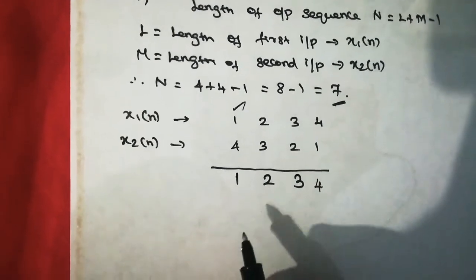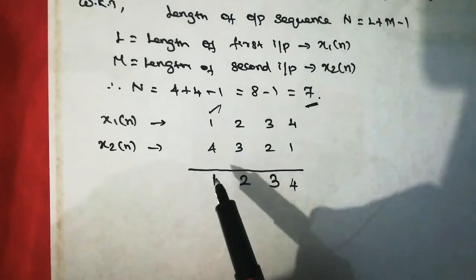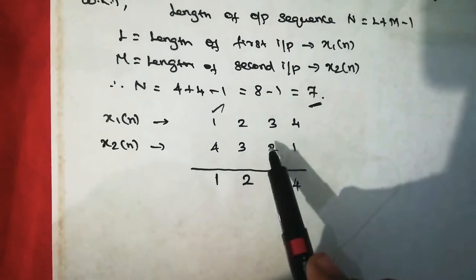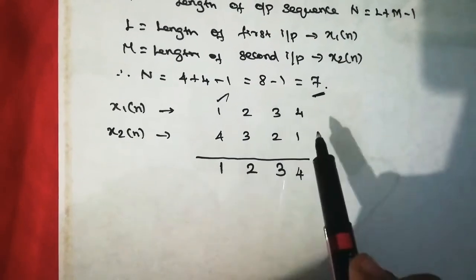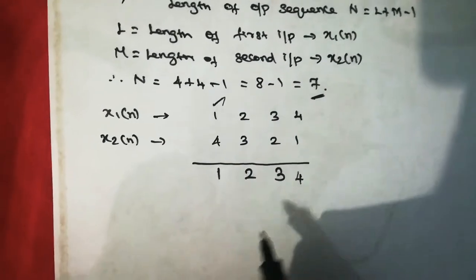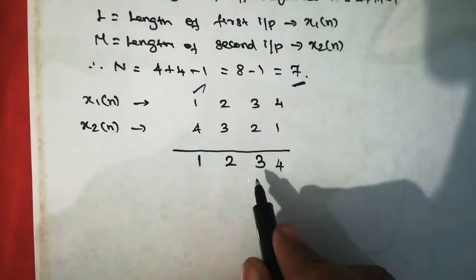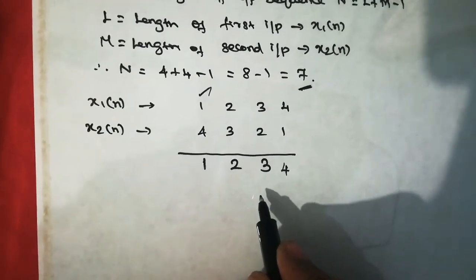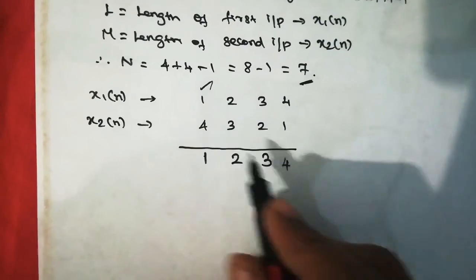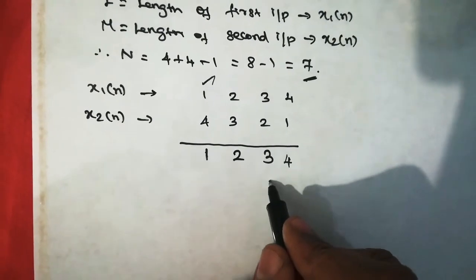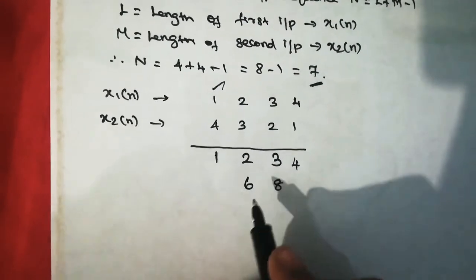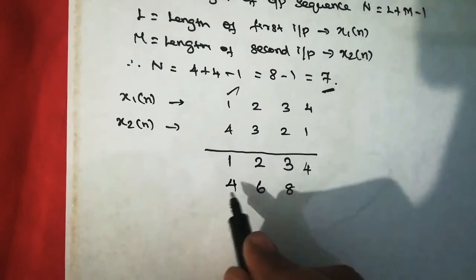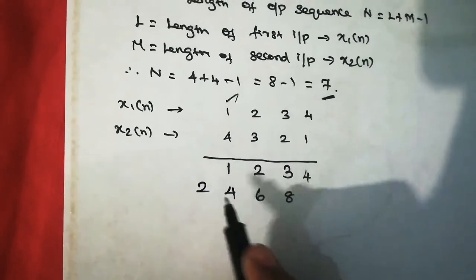Next, take the second value of x1 of n, which is 2, and multiply it with all the values of x2 of n. So 2 into 4, 8. 2 into 3, 6. 2 into 2, 4. 2 into 1, 2.